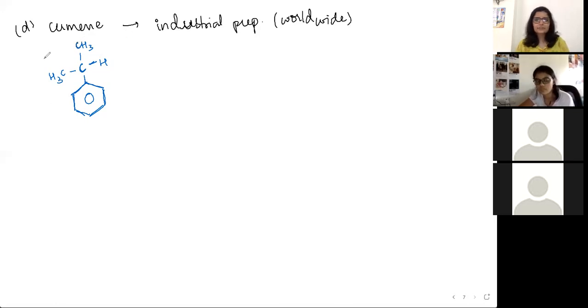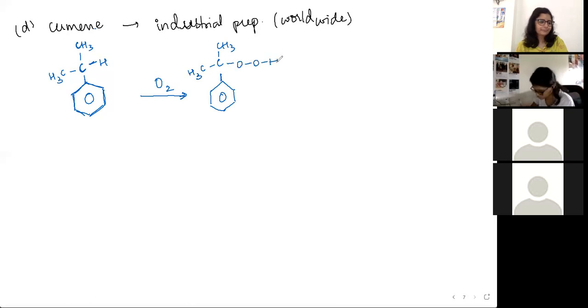Okay. So this is cumene. This is the structure. First you oxidize it using O2, oxygen from the atmosphere, direct, simple. So this gets oxidized easily. The O2 is added over here, and you get a peroxide kind of structure. CH3 remains as it is, and you get OOH. So this is literally called cumene hydroperoxide.